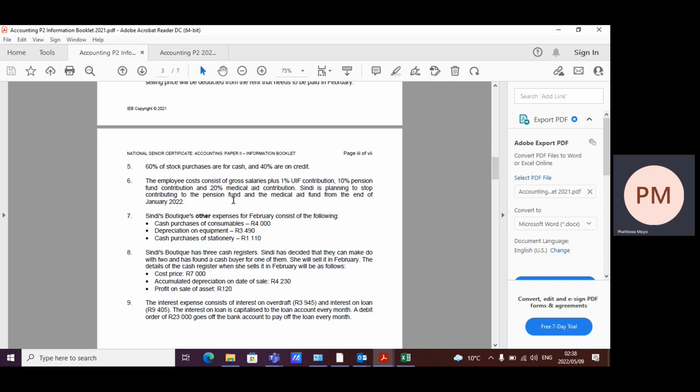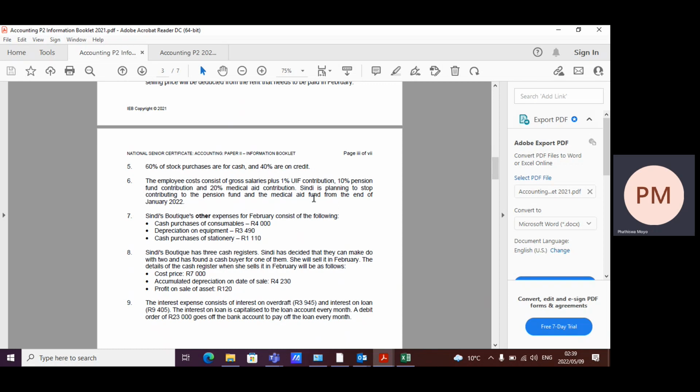So that's 131%. Gross salary is the full package, remember, which is 100. This is what the employee gets. The 1% UIF, 10% pension, 20% medical aid is what the company is adding on top of that 100%. So the company is adding 31% more to that 100%.